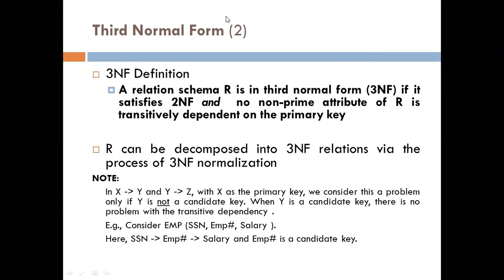Based on this transitive functional dependency, 3NF is defined as follows: a relational schema is said to be in third normal form if it satisfies the second normal form and no non-prime attribute of the relation is transitively dependent on the primary key.